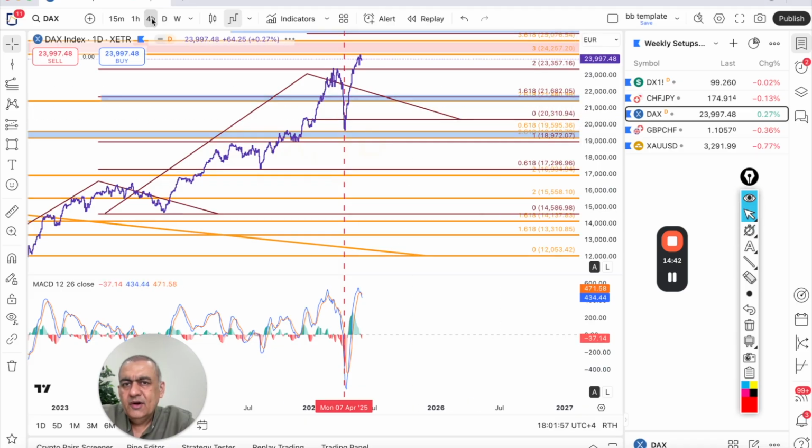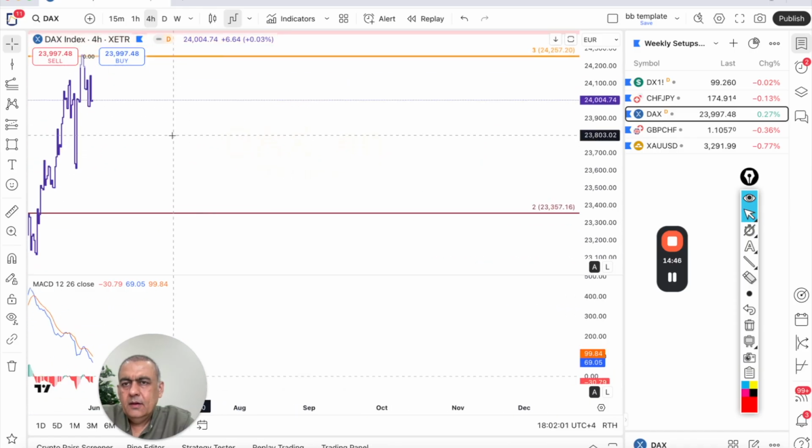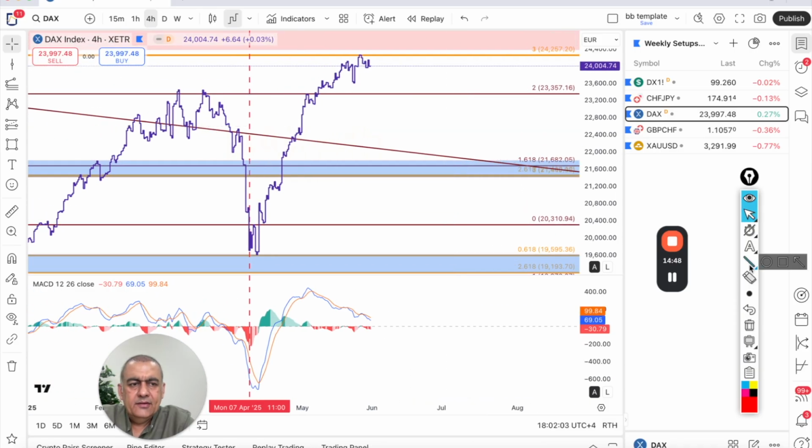I'll move to 4H now, and on the 4 hourly frame, if you notice, it has created a massive bullish pattern. It hits the resistance area, and now the bullish momentum has lost. So we have divergence here, but no breakup structure.